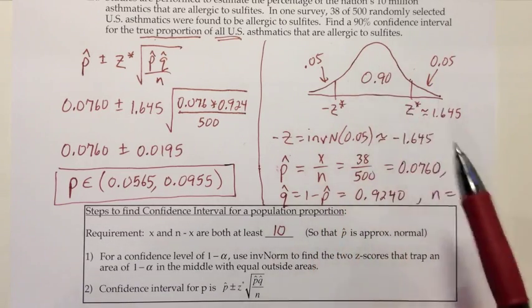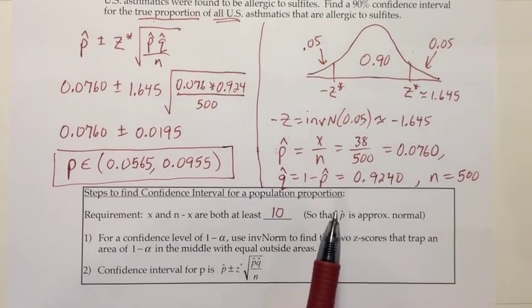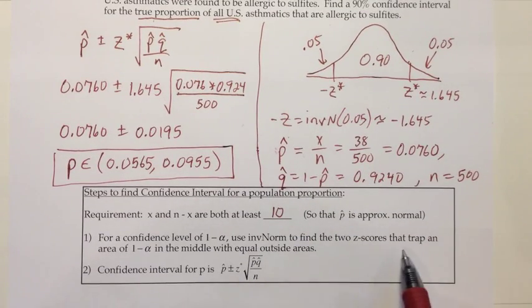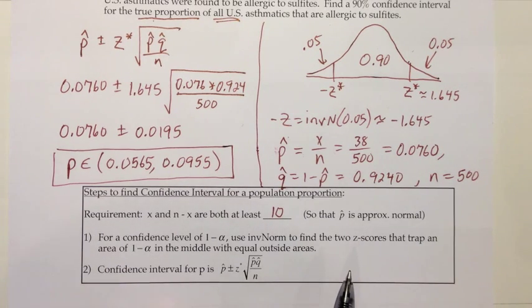And then we just think about how much area is left over. And then we use inverse normal to find those two z-scores, right? And that's what we did. And then our confidence interval for p is our point estimate p-hat plus or minus our z-star times the square root of p-hat q-hat over n. And remember to match decimals with the plus or minus piece when you do that.